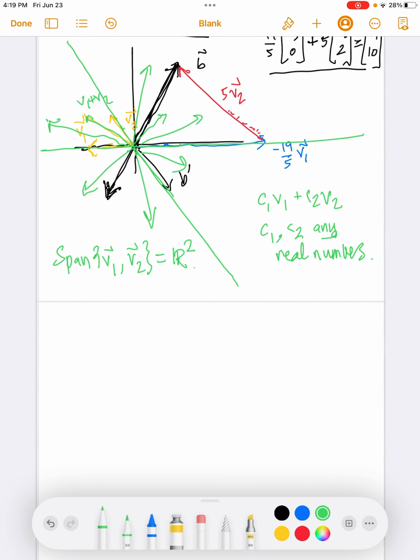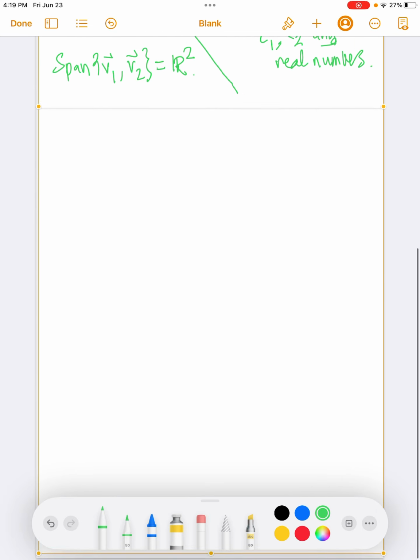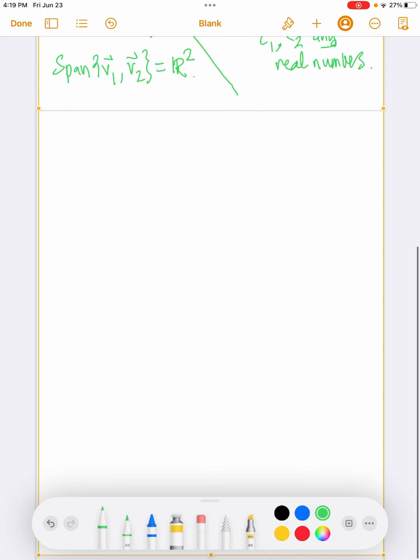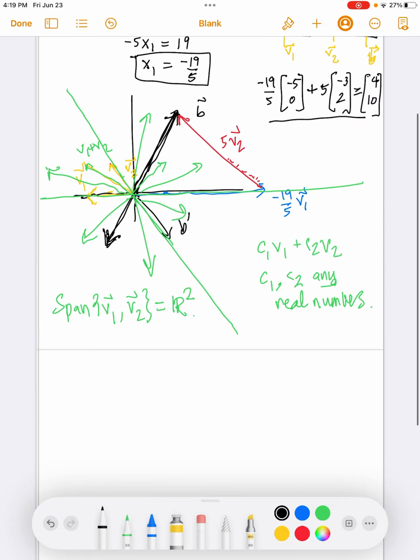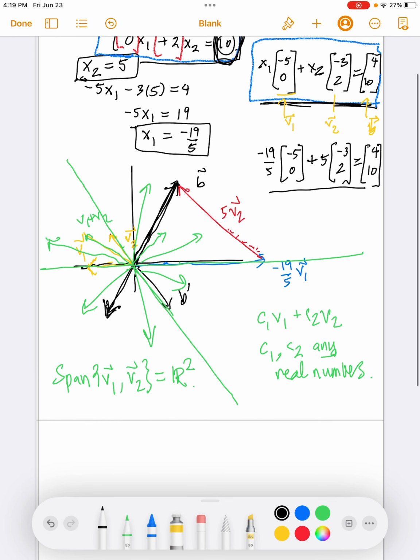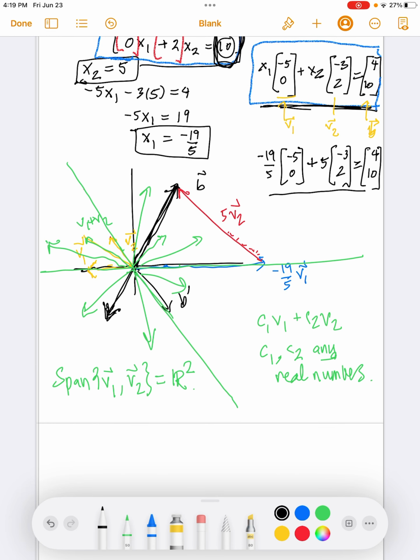But this wouldn't be true if you had something like this. Let's say that you had two vectors that were parallel, so they lie on the same line.